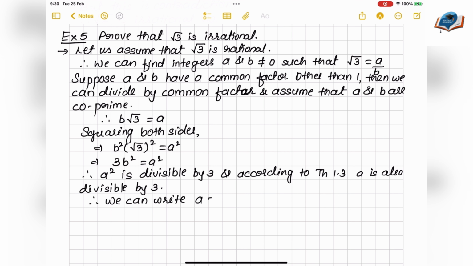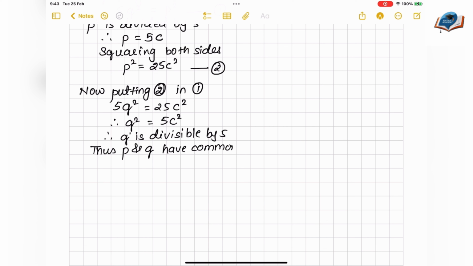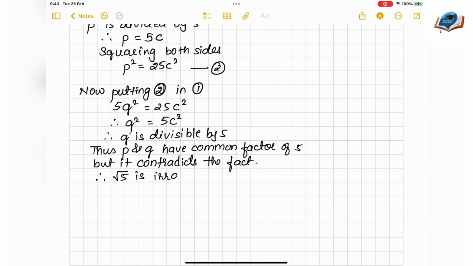Thus P and Q have common factor of 5, but it contradicts the fact. Therefore, root 5 is irrational.